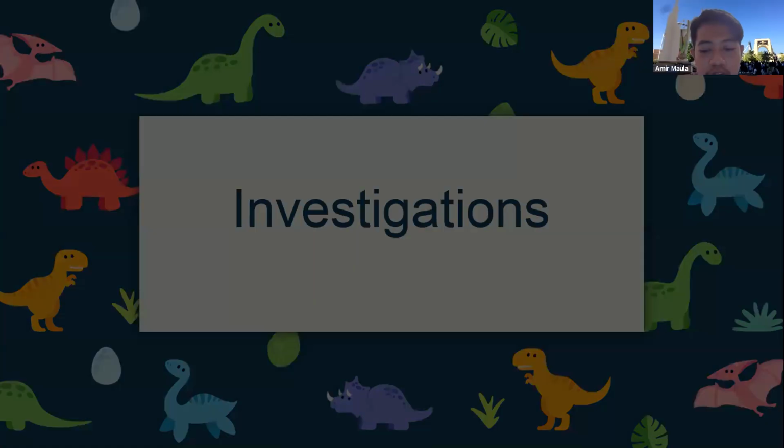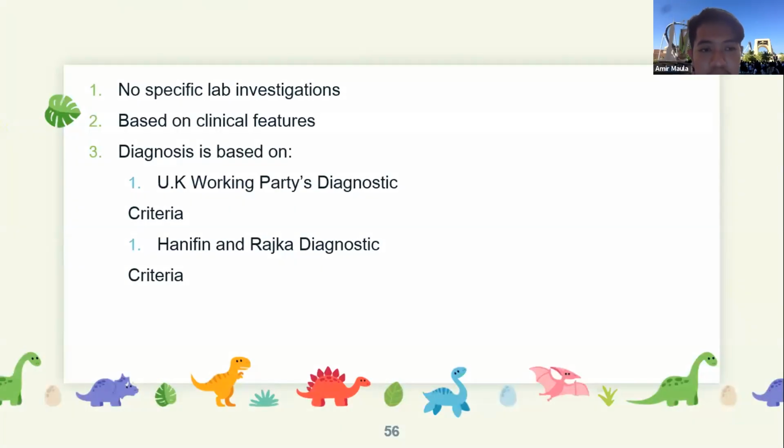Okay, next. So the investigation: atopic dermatitis has no specific lab investigation, so it is diagnosed based on clinical features. The diagnosis is based on two criteria: the UK Working Party's diagnostic criteria and the Hanifin and Rajka diagnostic criteria.